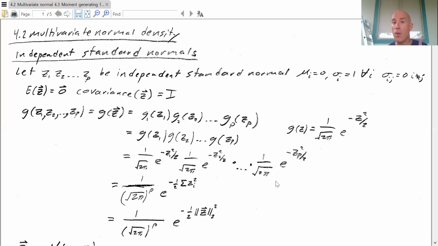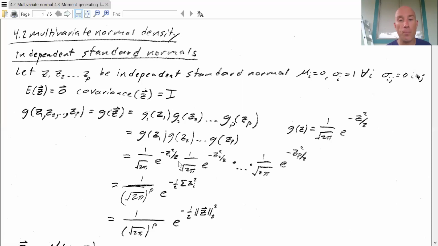Okay, now let's take a look at this. I've got this algebraic expression. I've got a bunch of 1 over square root of 2 pi, p times. So I'm multiplying the same thing by itself, p times, so I know that I can just put that to the power of p. Boom, we've got this. Now, I'm multiplying a bunch of e's together. Well, remember, e, multiplication, converts the exponent into addition.